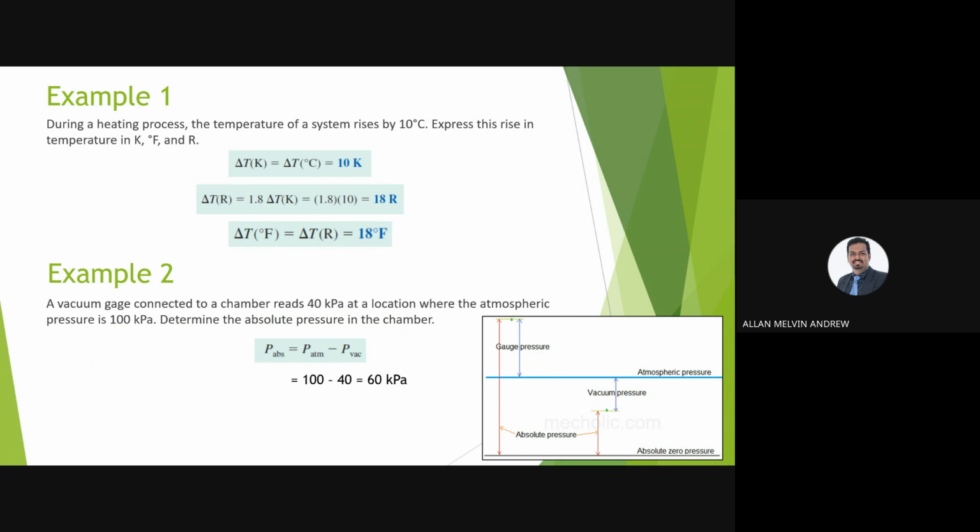It is all because of gravity and the distance from the earth's core. So if the pressure you are measuring is higher than atmospheric pressure, we call it gauge pressure. If the pressure you are measuring is lower than atmospheric pressure, we call it vacuum pressure. Then we have the absolute zero pressure, which is the perfect vacuum condition.